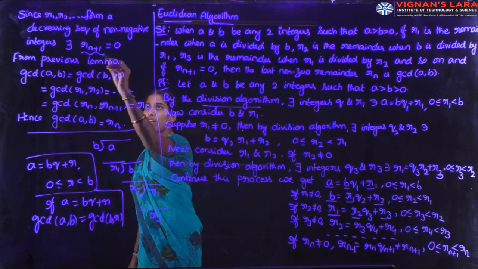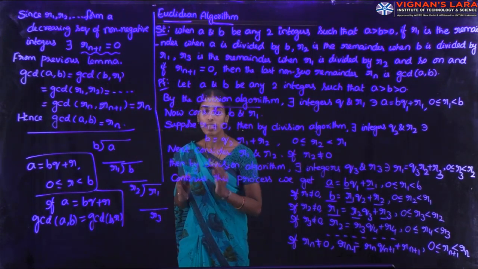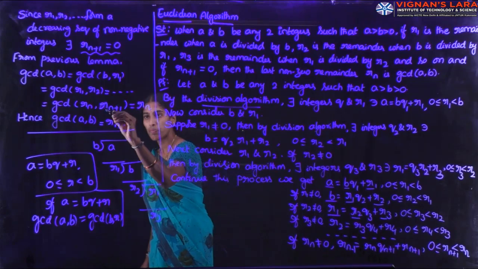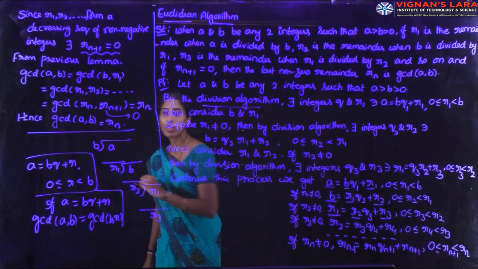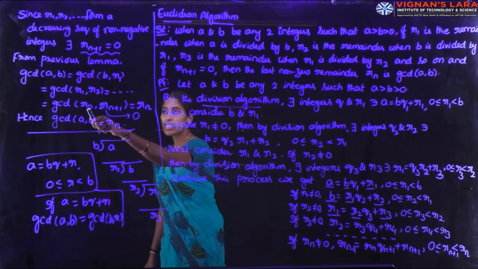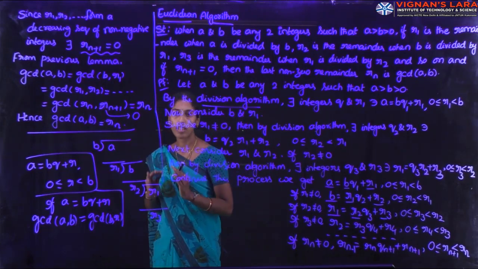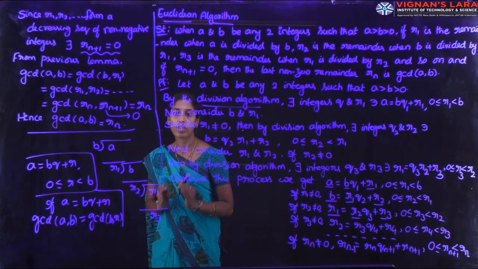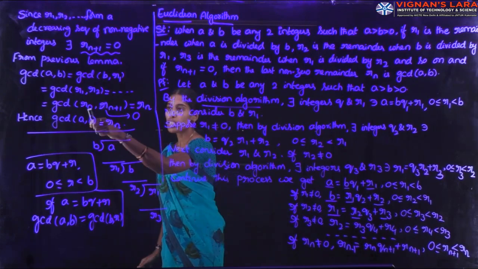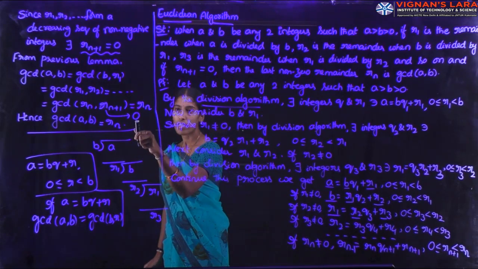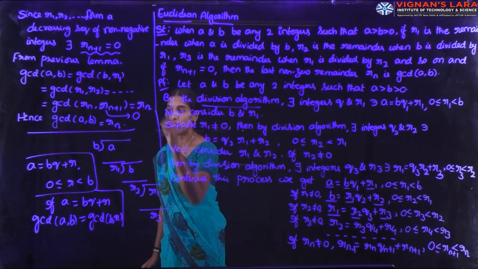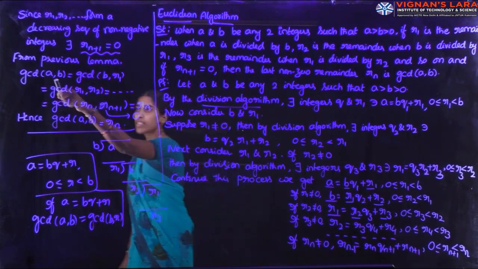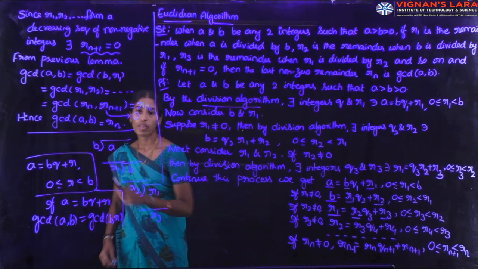Somewhere Rn plus 1 is equal to 0. So GCD of any non-zero number with 0 is that number. GCD of 3 comma 0 is equal to 3. So GCD of Rn comma 0 is nothing but Rn. Hence GCD of A, B is equal to Rn.